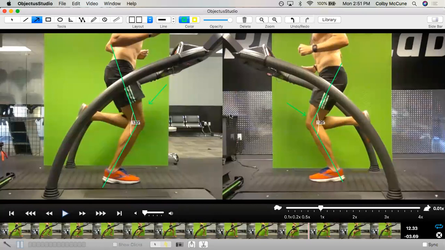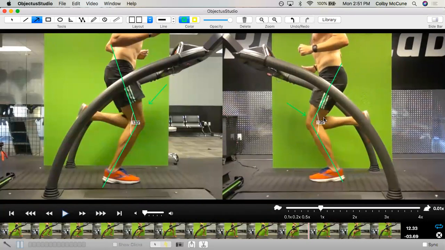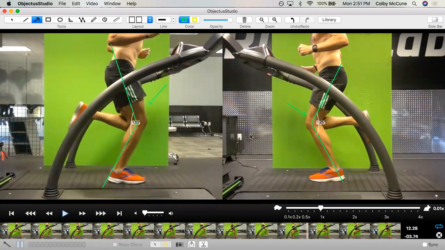So you went from 10 to 12 degrees less right when you hit, to 8 or so degrees more at your lowest point. So that means the change in the knee flexion is 20 degrees more than the change in the knee flexion on the right, right?